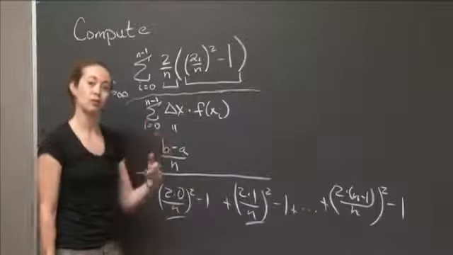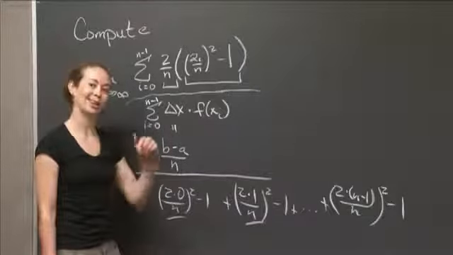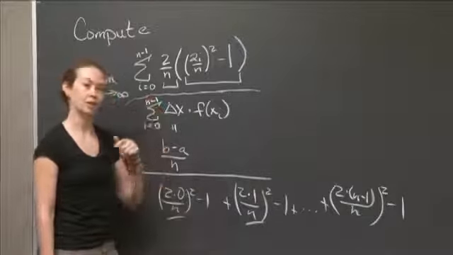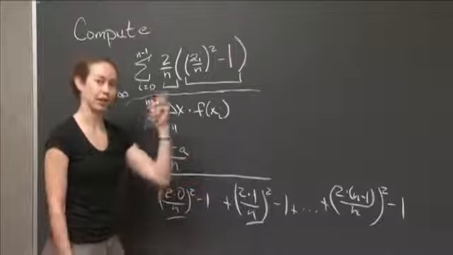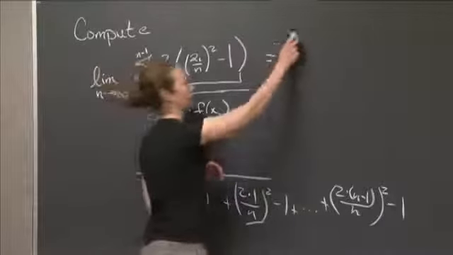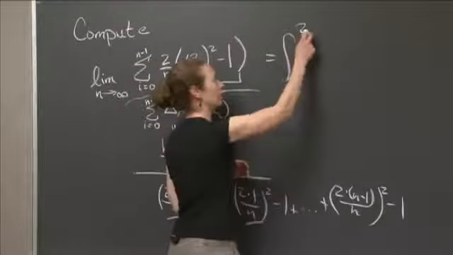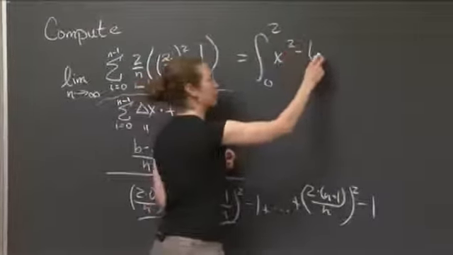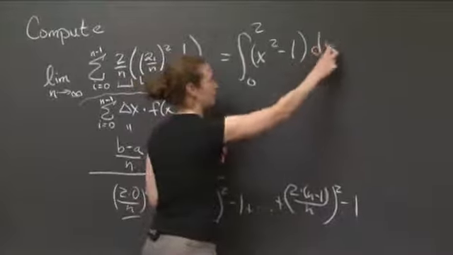Then the next interval is 2 over n more, and I evaluate at that x value. The next one is 2 over n more, and I evaluate at that x value. So this is looking like, I'm going to write it here, this is my guess: the integral from 0 to 2 of x squared minus 1 dx.